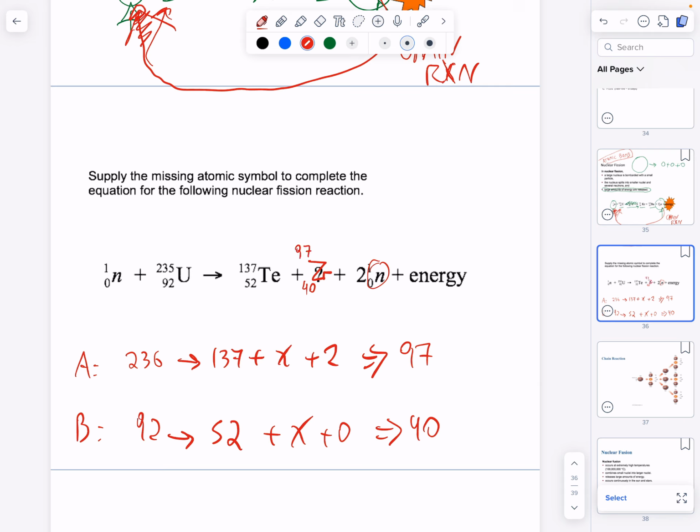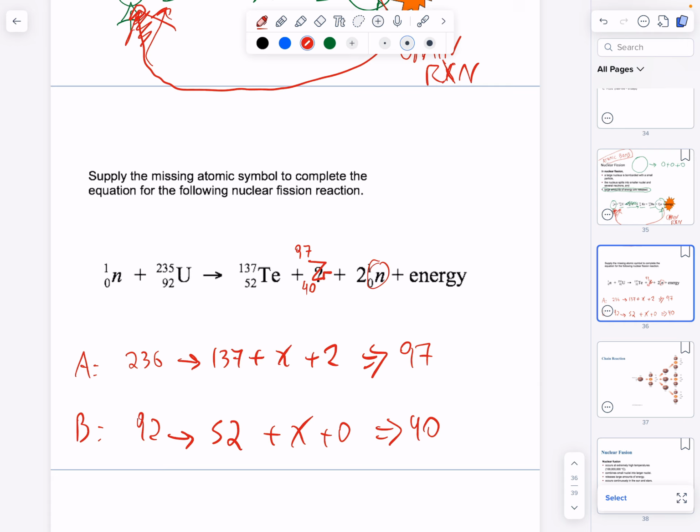Okay, so let's double check. Again, 52 plus 40 is 92. And 235 plus 1 is 236.